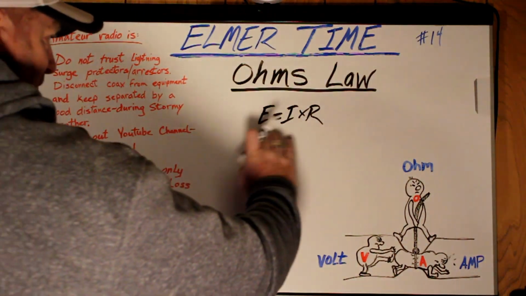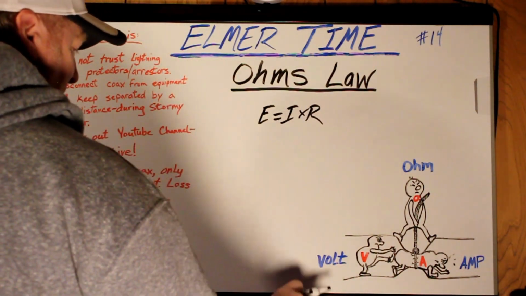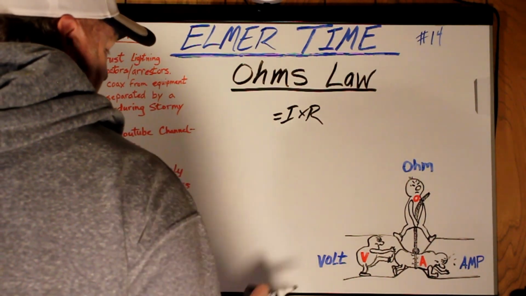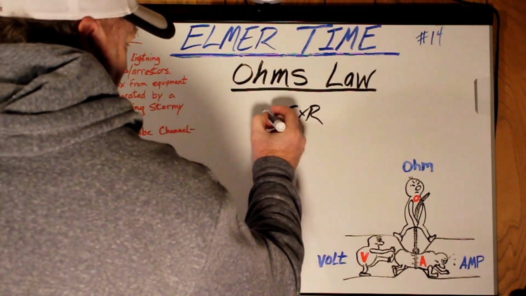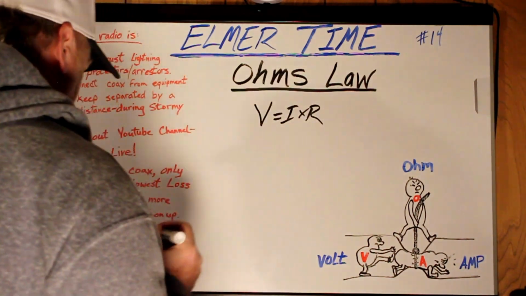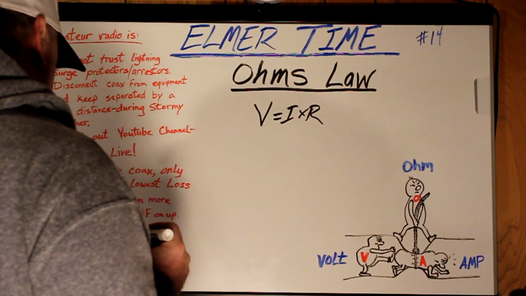This is what you'll normally see in books. To make it easier for people to understand, I'm going to take E, which represents volts, and just put a V for volts. That'll make it easier to understand.